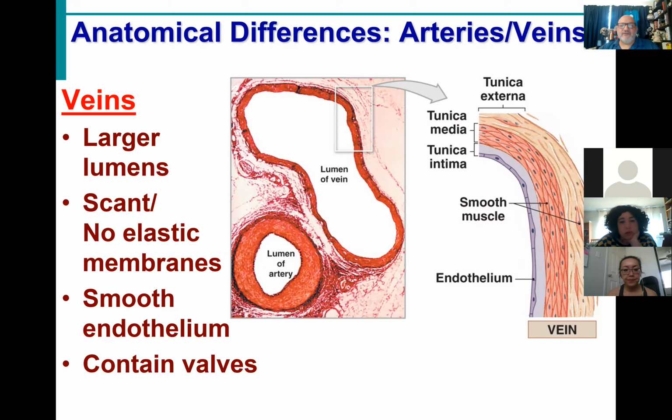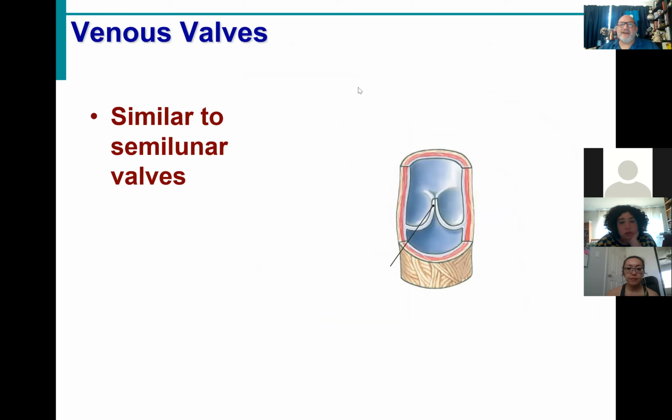Now, these valves are very similar to the semilunar valves that we saw inside of the heart. They are made up of half-moon shaped cusps, whose responsibility is to make sure that the blood only moves one way through the veins. So as blood moves back towards the heart, if it tries to go back down away from the heart, it's going to slam that cusp closed and be stuck and have no choice but to continue forward.